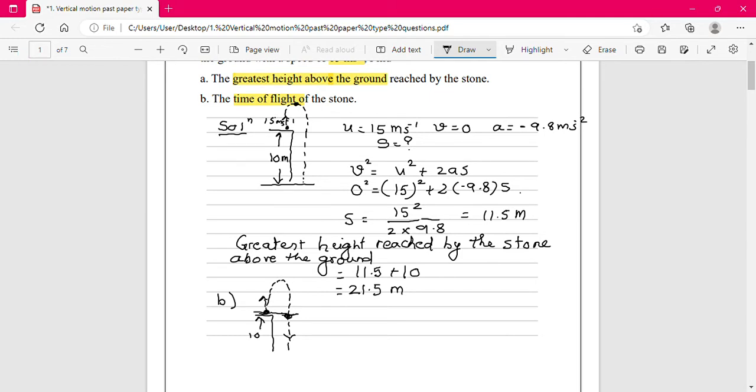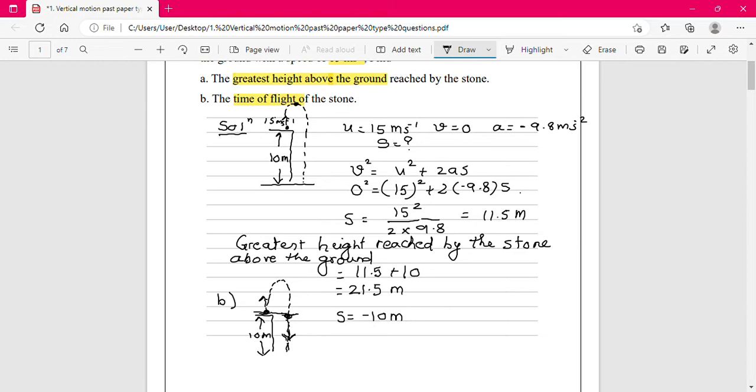And now it is traveling downwards 10 meters. That means total displacement of the stone in this journey will be negative 10 meters. Why negative 10? Because it is now traveling in the direction of negative y, downwards. So the vectors which point in the negative y direction are negative vectors.